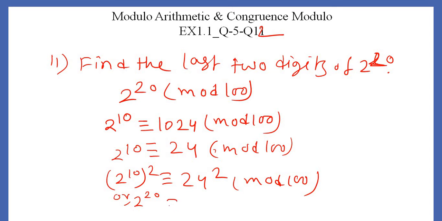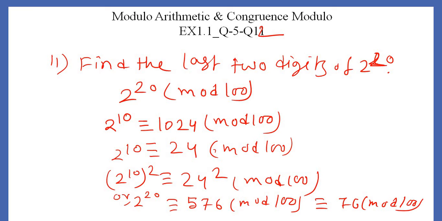So finally we got the power 20. And what is the value of 24 square? 576. And if you divide 576 by 100, what would be the remainder? 76. That means if you divide 2 to the power 20 by 100, then 76 would be the remainder.